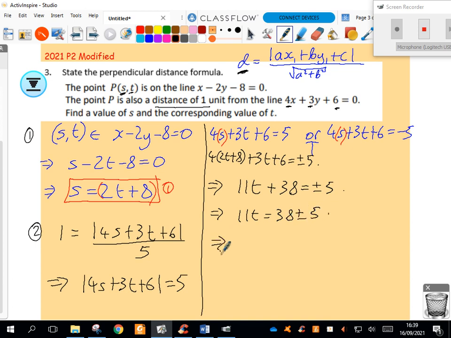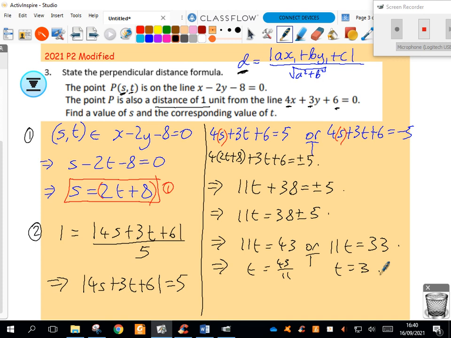So I'm going to solve each of those. 11t is equal to 38 plus 5 would give me 43, or 11t is equal to 38 minus 5, which would be 33. Solving for t, t is either going to be 43 over 11, or t is going to be equal to 33 divided by 11, which would be 3. So there are my values for t.